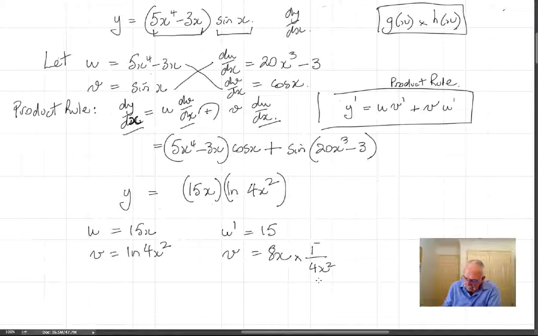And if it's possible to cancel at this stage, this is v dash. We can cancel the 4 and x, and that'll be the power of 1. So we get 2 over x.